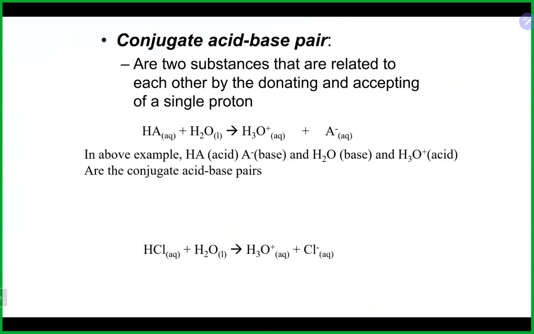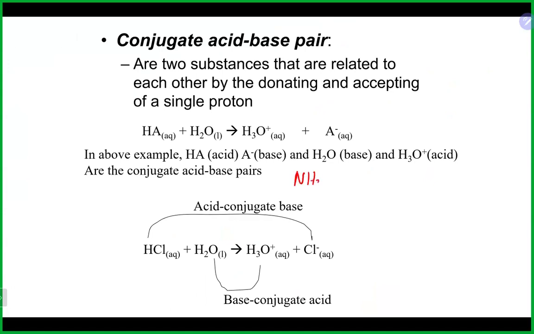Any questions on that there? All right, so as I mentioned before, there's our HCl example. And again, it can only be that difference of one H plus. Also, like I showed you with ammonia, for example, that we looked at earlier, in this equation, the ammonia is acting as the base. The water is acting as the acid.